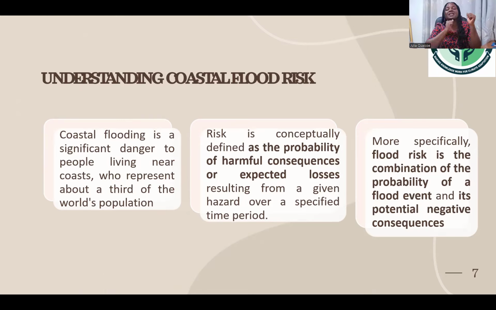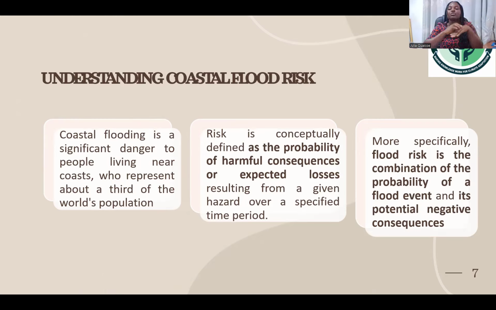All right, the consequences or the expected losses, which will come as a result of a particular hazard over a particular time. And so we have to bear in mind that it is just something that we conceptualize, something that we think of, something that we anticipate, okay, that it is possible that this will happen if this happens.